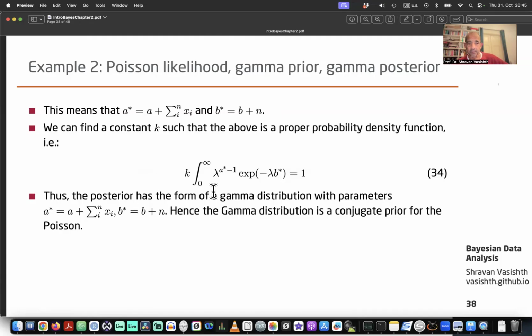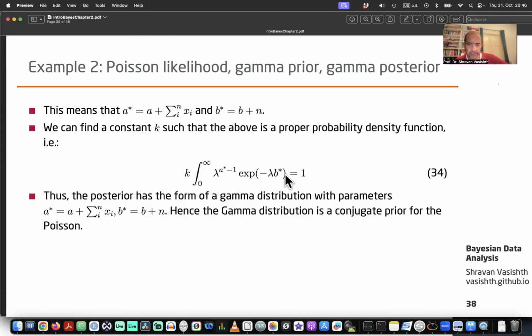Now, once you know this kernel, of course, you can figure out the normalizing constant by just integrating this expression such that you get a 1. And so you just solve for k. So k will be 1 over whatever the expression is on the left-hand side here, this integral here, right? I'm sorry, there's a mistake here.